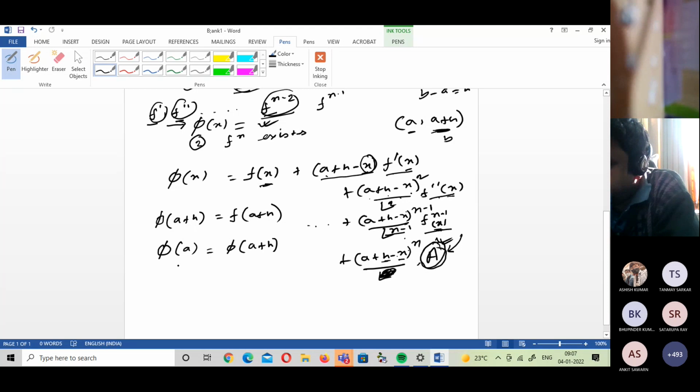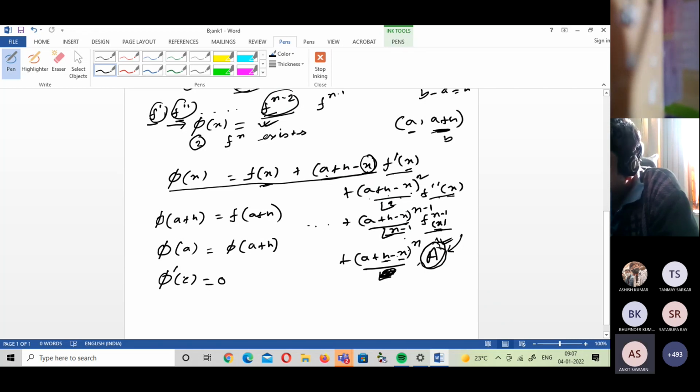Then on phi x, you can conclude that all the conditions of Rolle's theorem are satisfied. So phi dash c equals 0. And if you calculate phi dash x, what will be the situation? You see that f dash x, if you consider it as uv, the derivative of this will be minus 1, minus of f dash x.